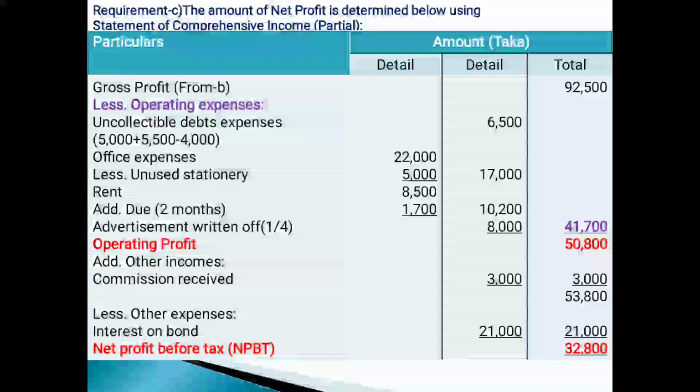At this moment, net profit of business, net profit before tax, taka 32,800.